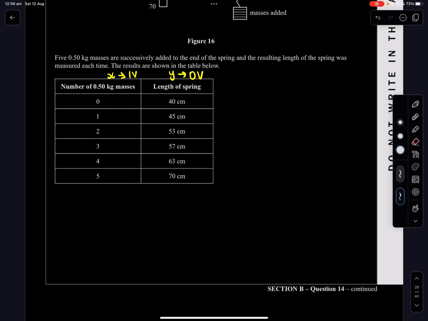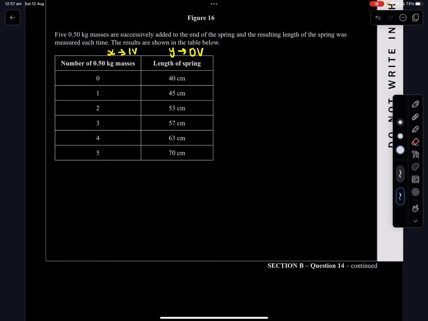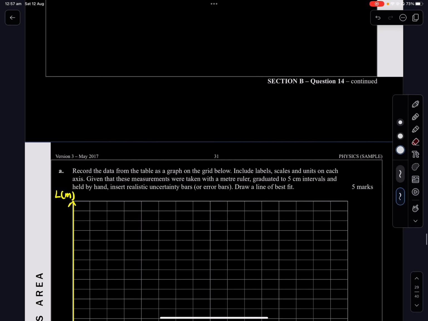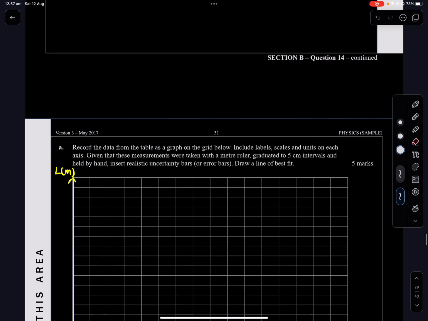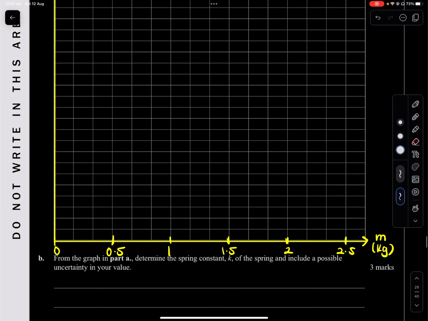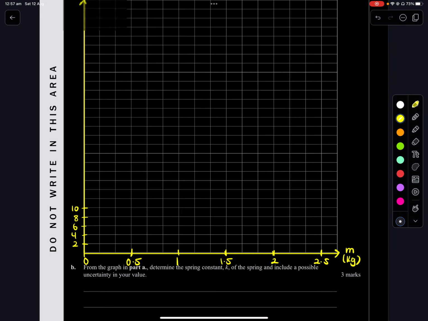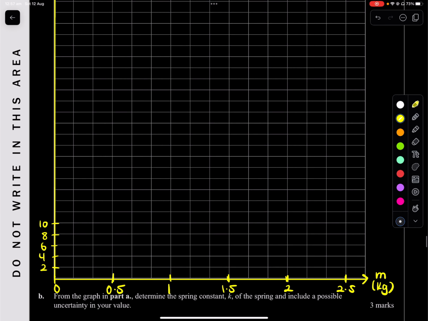The length of the spring, it's probably best if we go by, let's say, 2s. Is that right? Because it's much smaller. So if we go by 2s, let's try that. 2, 4, 6, 8, 10. Do you think that'll be enough? Let's do 5s. Okay, how do we do this?